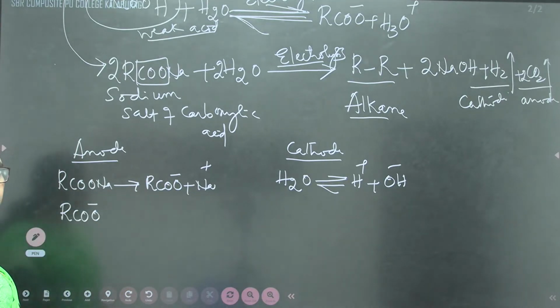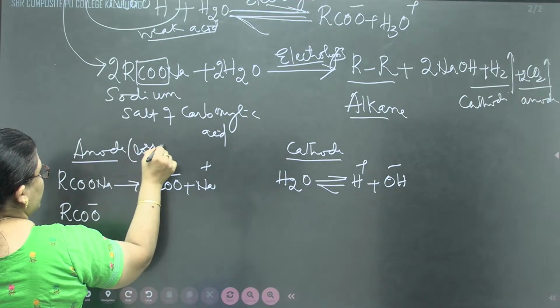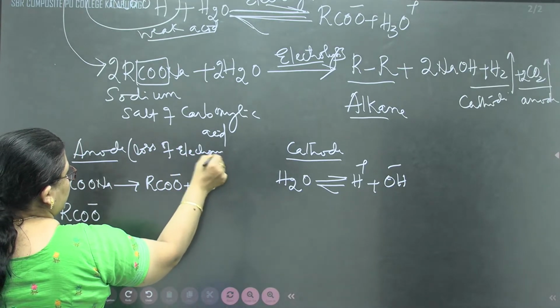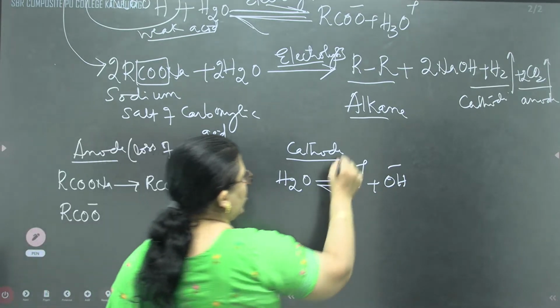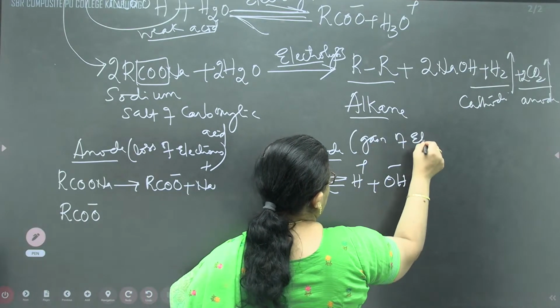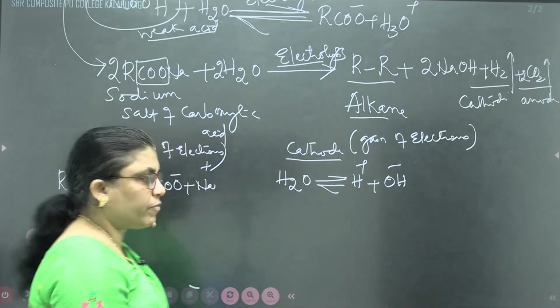In a redox reaction, you'll see that there is always a loss of electrons at the anode and a gain of electrons at the cathode.